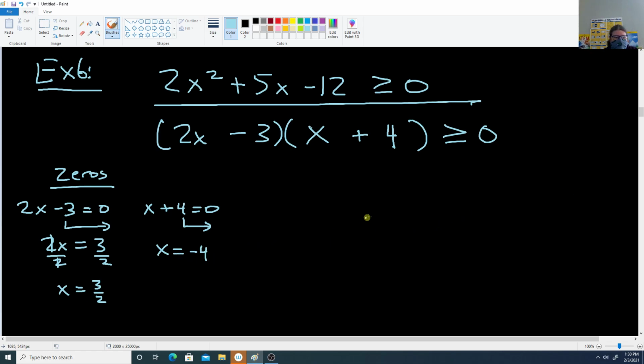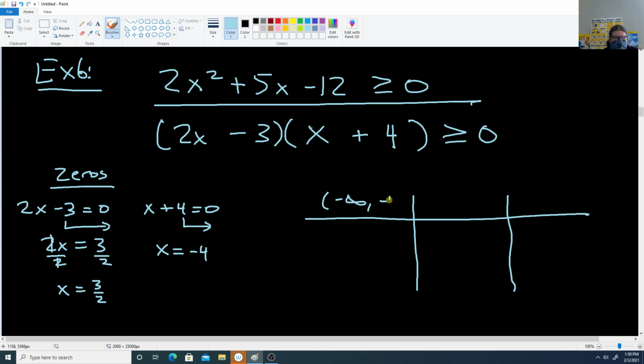So I use these numbers to break up and get my intervals for my chart. Negative infinity to the smaller number, negative 4, comes first. Negative 4 to the next number, which is 3 halves, is next. Then 3 halves up to infinity.